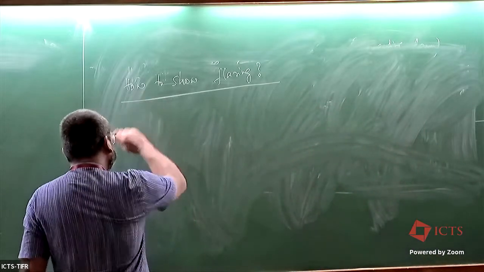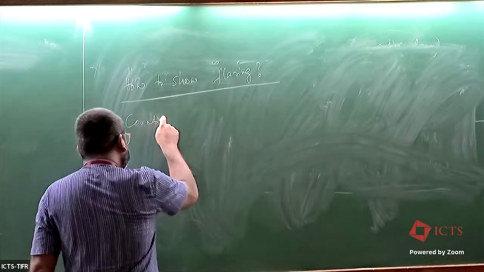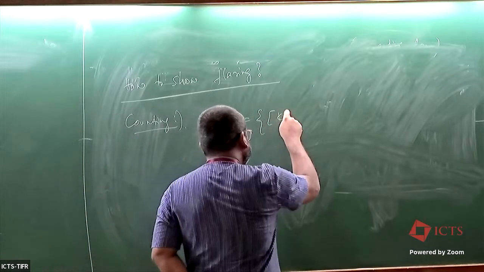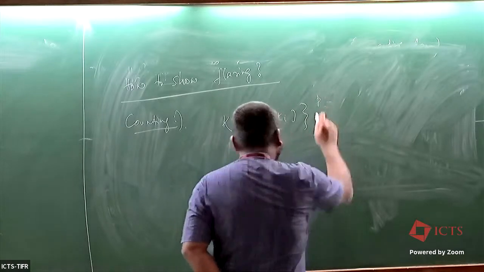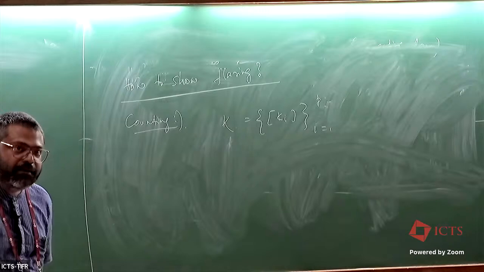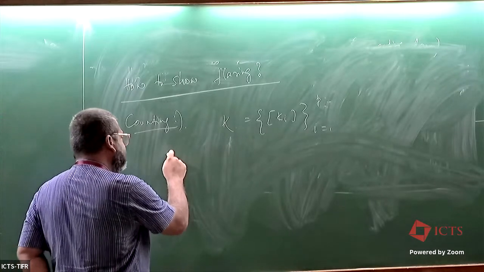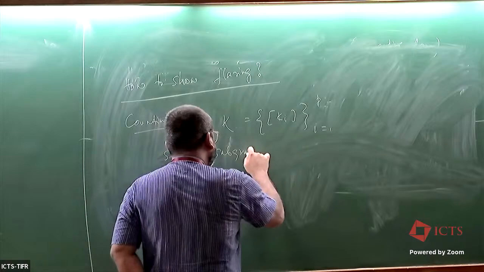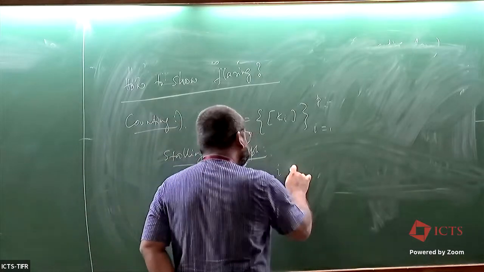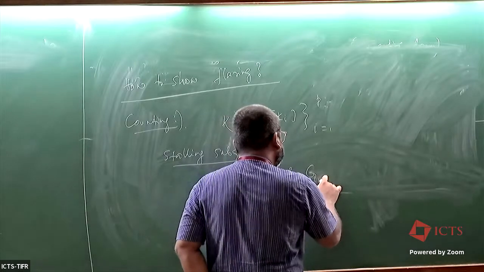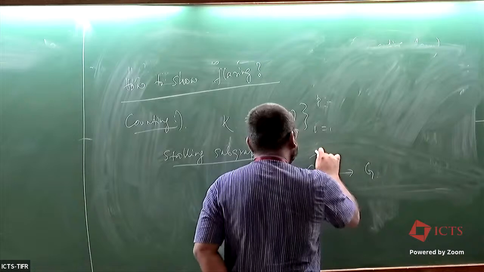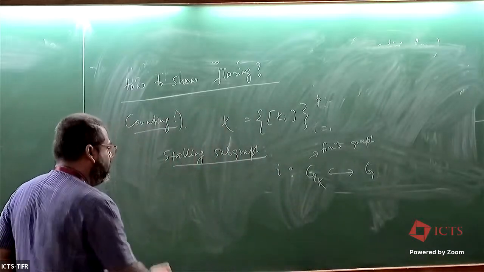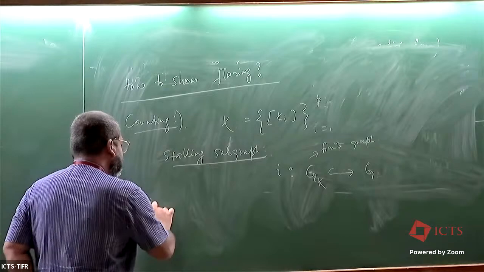So, the counting. What you do is you consider the Stallings subgraph. A Stallings subgraph is an immersion of a finite graph with components A1 through AP.